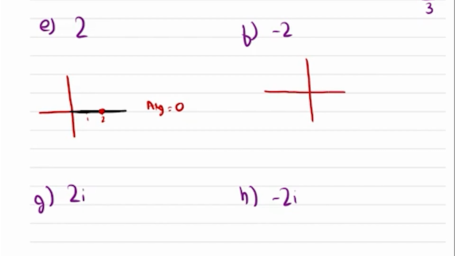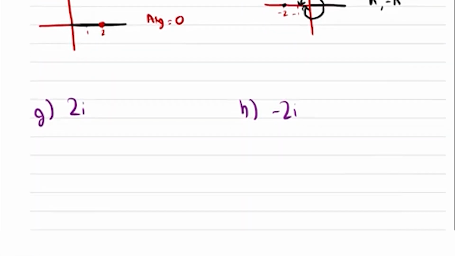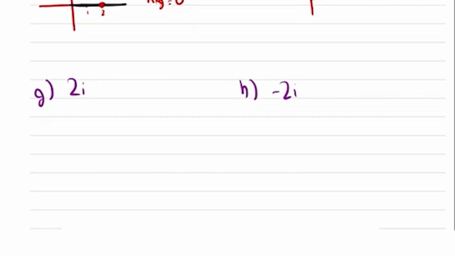It lies here. From the starting line, you can either come clockwise or you can come anti-clockwise because both are the same. So the answer will be either pi or minus pi. Got this?